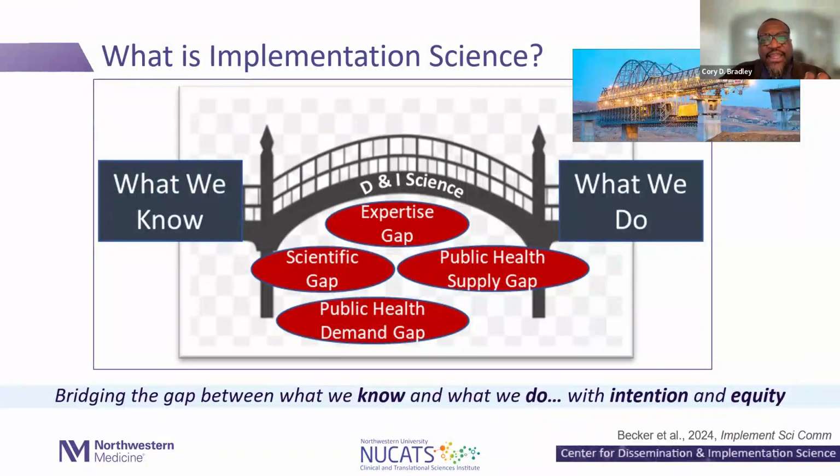And if you look at that D&I science bridge, you see all of the gaps that the bridge seeks to overcome. And generally, I ask the question, can implementation science be about anything other than equity when we consider the 17-year delay and that interventions are not implemented among populations, particularly populations needing them the most?